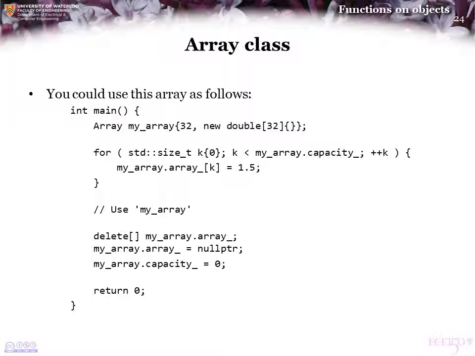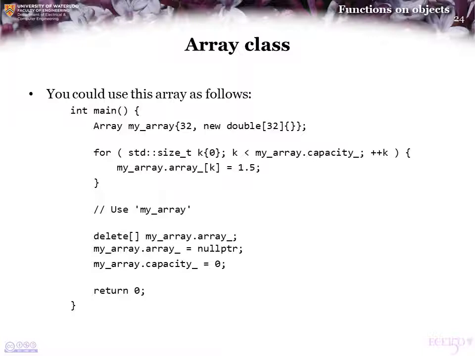Now, of course, the person using this array class had better make sure that the numbers match. If you do not match those numbers correctly, then the array class instance, or the object, would be out of sync with itself.